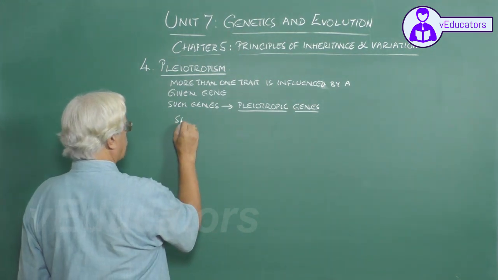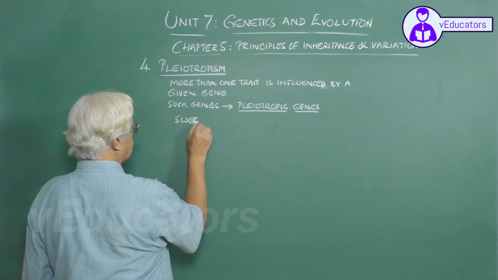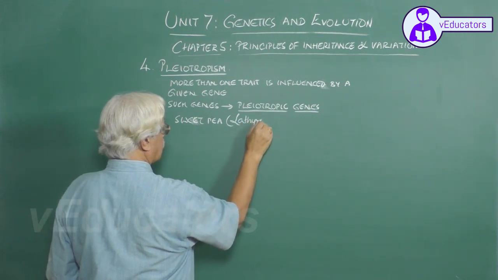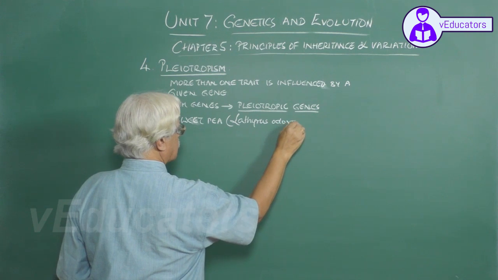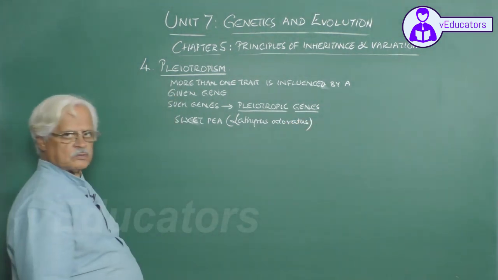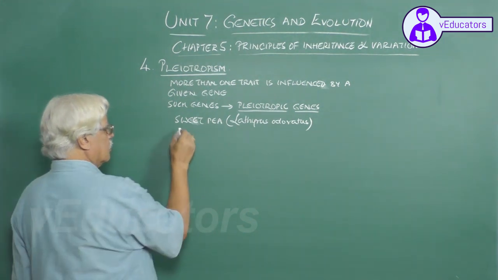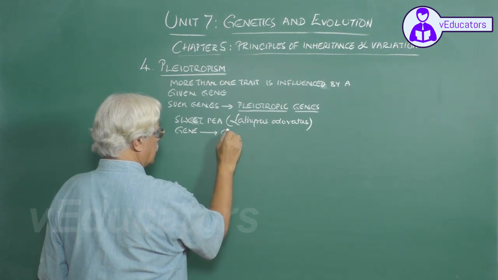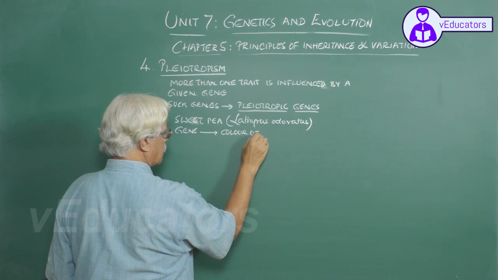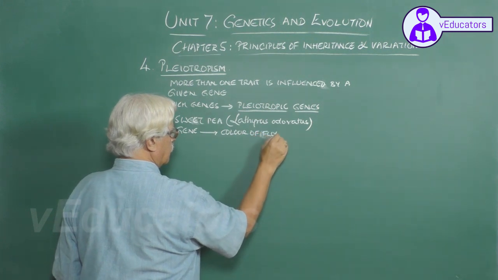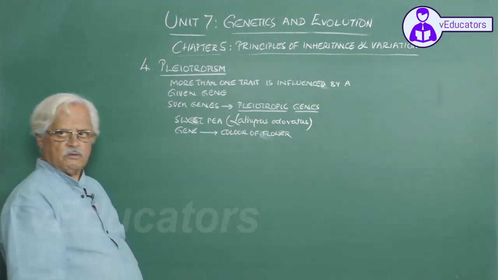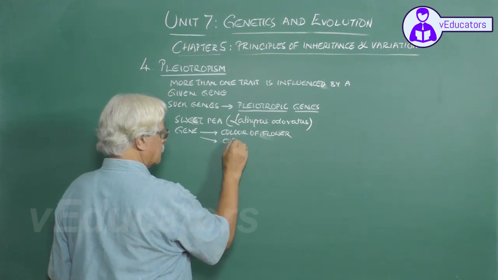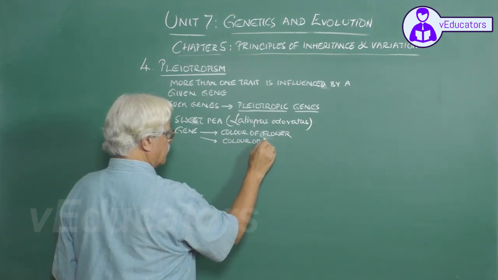For example, in the sweet pea plant, Lathyrus odoratus, the gene which influences color of the flower also influences color of the pods.